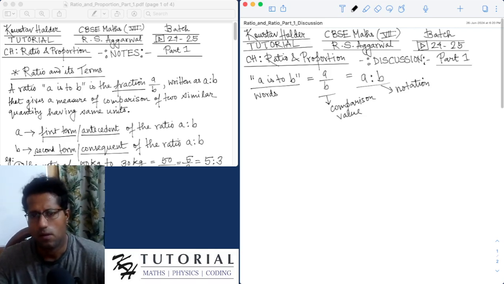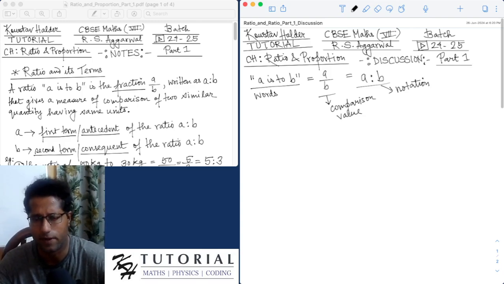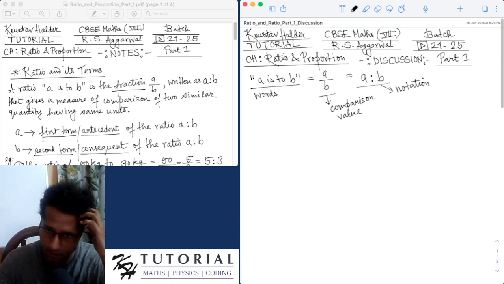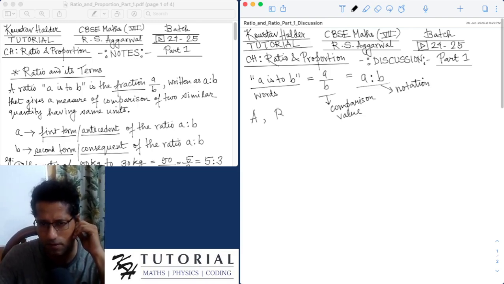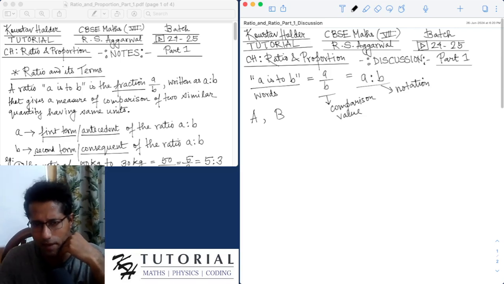Now please try to understand very clearly that the ratio A is to B, or A by B, is giving a measure of the comparison of two quantities. If the quantities are A and B, then they will be some numbers.